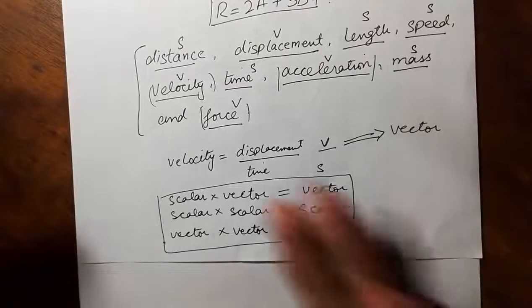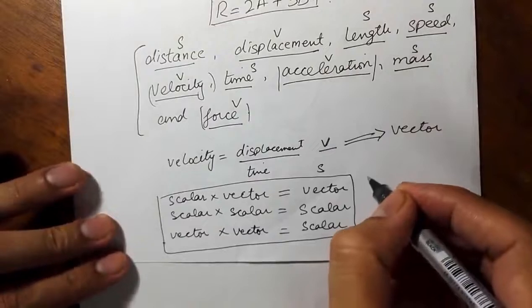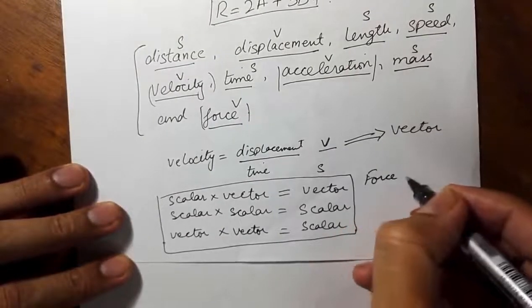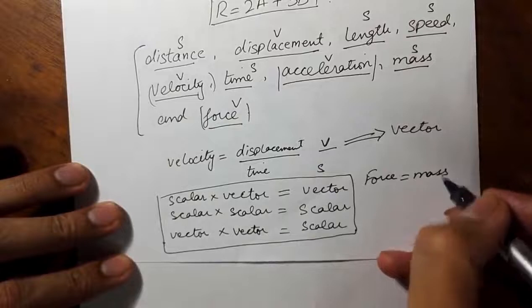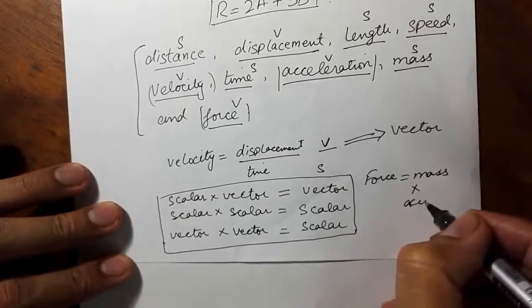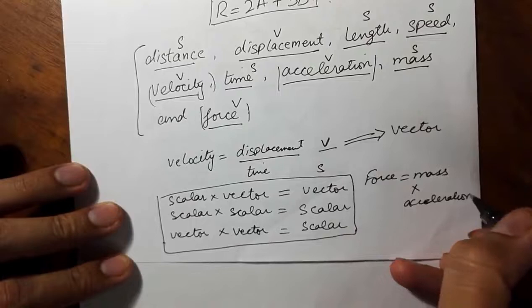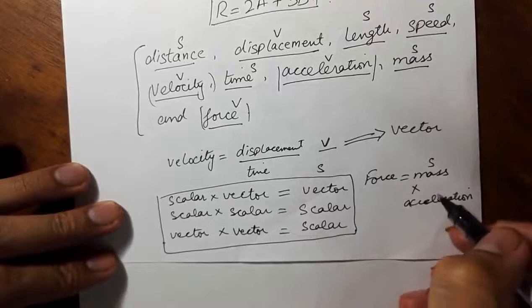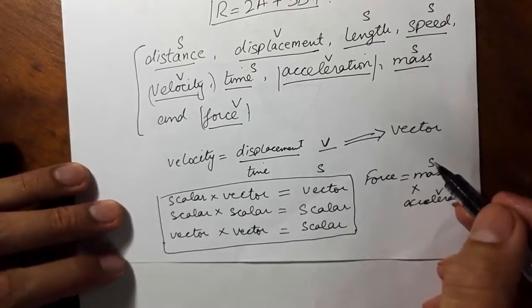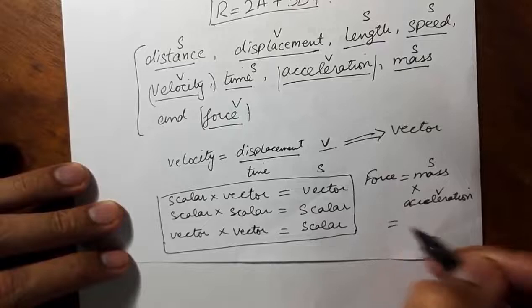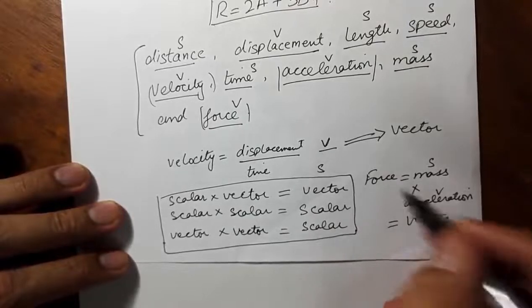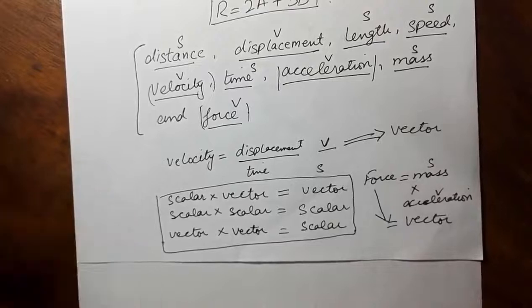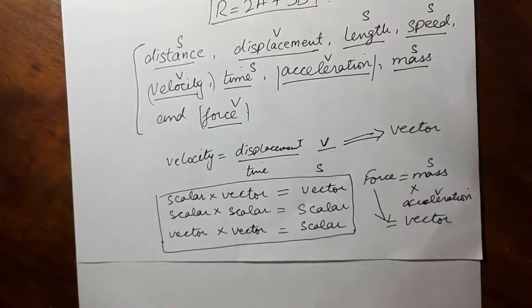Let's suppose force is equal to mass into acceleration. Over here, mass is a scalar quantity, acceleration is a vector quantity. So a scalar is being multiplied with a vector, so the answer is a vector quantity. So force is a vector quantity. Okay, so by using this technique or this formula, you can determine whether a quantity is scalar or vector.